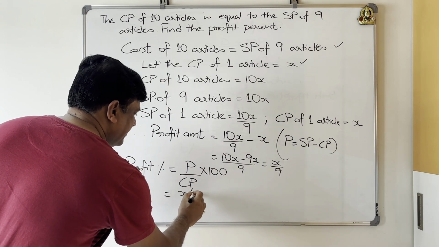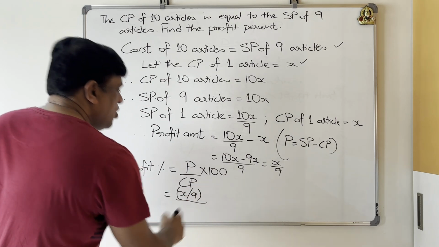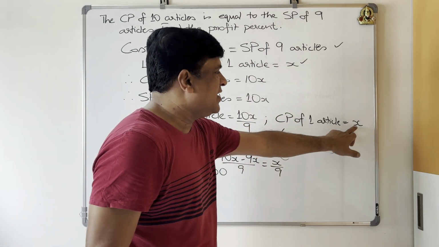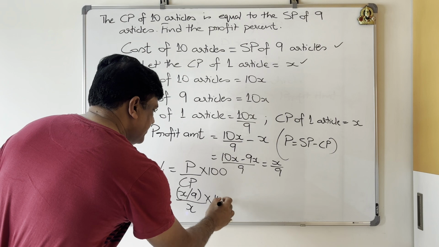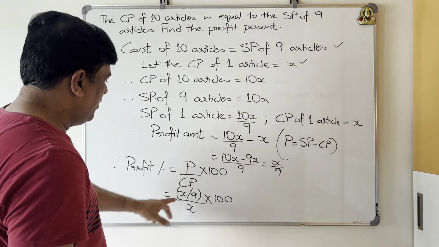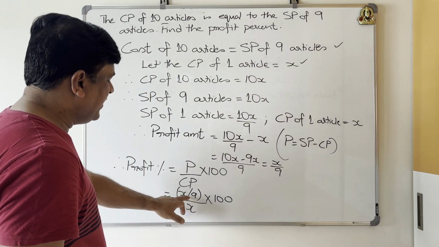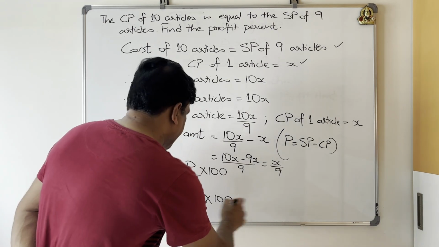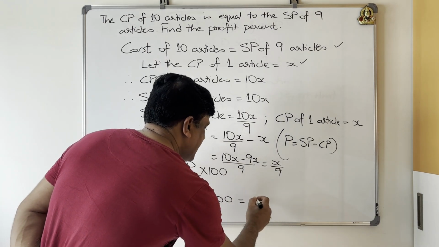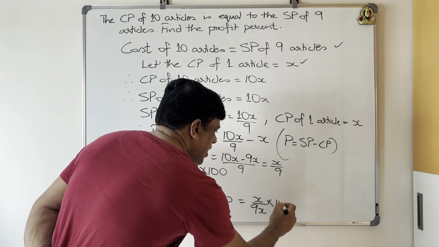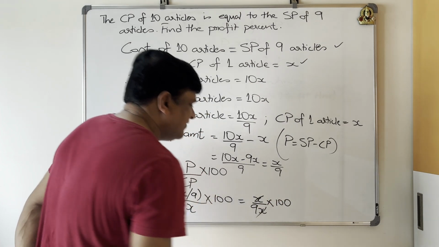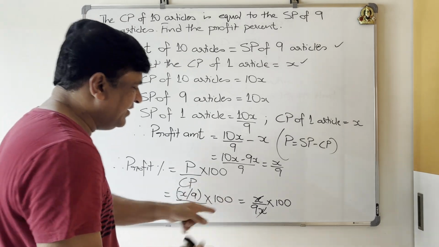So put it in the numerator. What is your cost price of one article? It is x, into 100. When you resolve this, you get x by 9x into 100. So x gets cancelled because we don't know what x is. Leave it, we are just left.